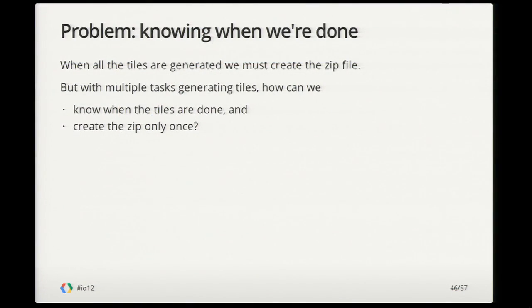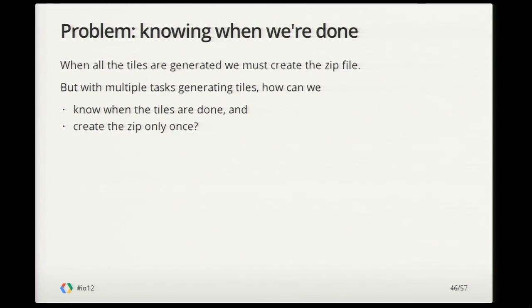which is nice. So the third design issue that we had was knowing when our tasks were complete. So when all the tiles have been generated, we need to know that they're all done and create the zip file.